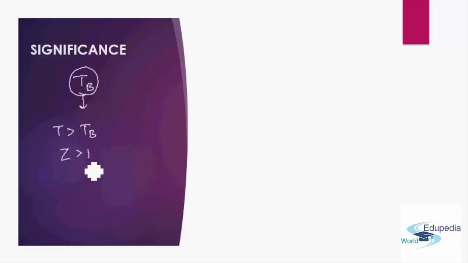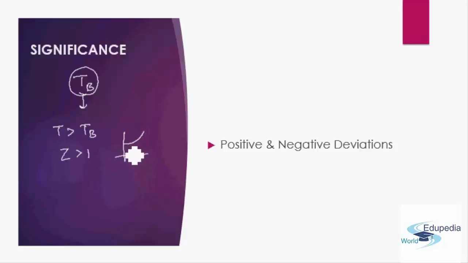That is, your gas is going to show positive deviation from ideal behavior. So your graph will be something like this. For TB it will be like a straight line. If we increase temperature, then Z will be greater than 1.